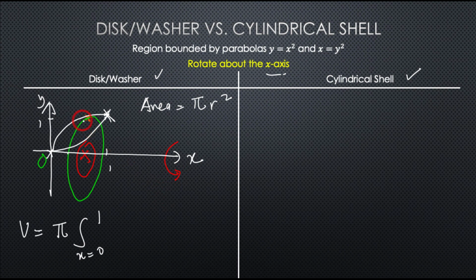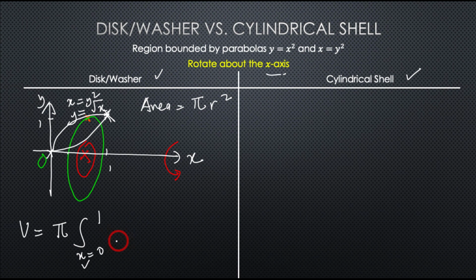So the large circle, this one is x equals y squared. We need to integrate in x because we are moving parallel to the x-axis. So it should be y equals, from here you get square root of x.